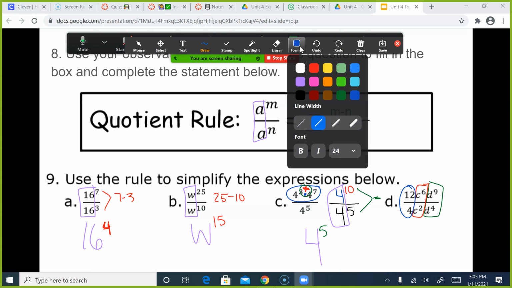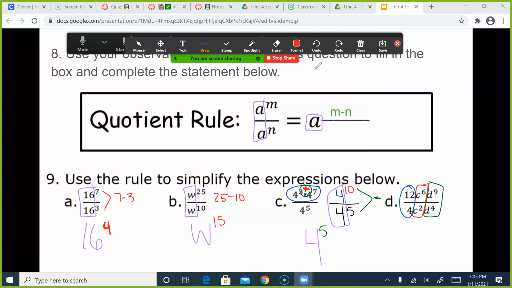So when I combine the variables, let's do the variables first because that's using the rule. C to the 6 divided by C squared is 6 minus 2, makes 4. And then when I combine D's, we do 9 minus 4, and that makes 5.